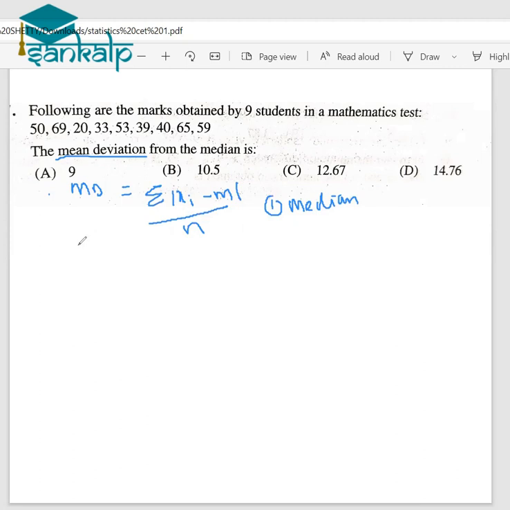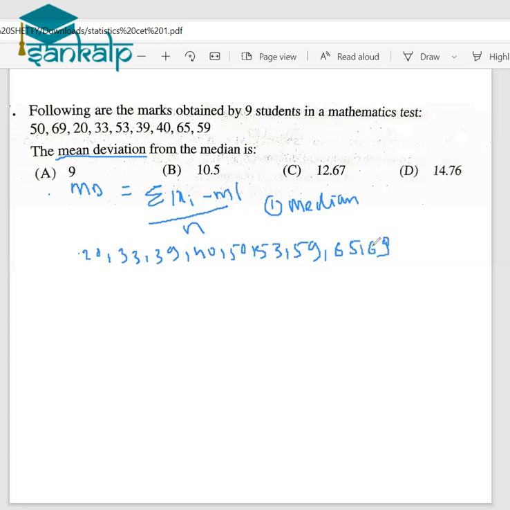When we arrange the scores in ascending order, we get 20 first, next 33, 39, 40, 50, 53, 59, 65, and 69.